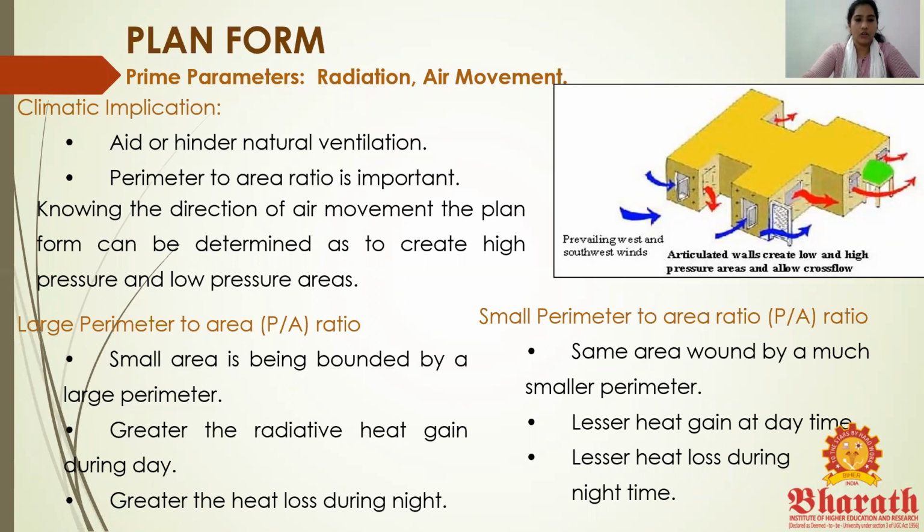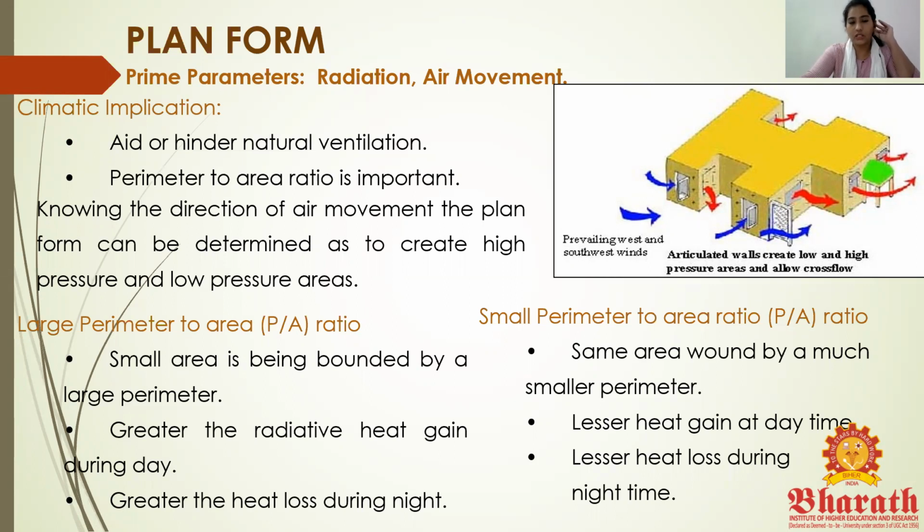Looking at your climatic implications, you should either aid or hinder natural ventilation. The perimeter to area ratio is very important. Knowing the direction of the air movement, the plan form can be determined to create high pressure and low pressure areas.